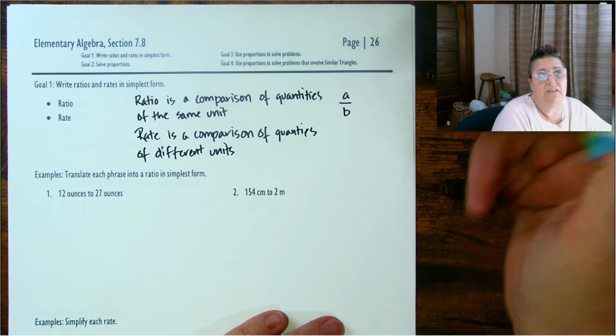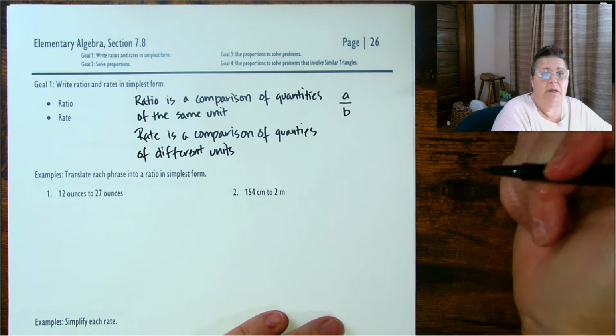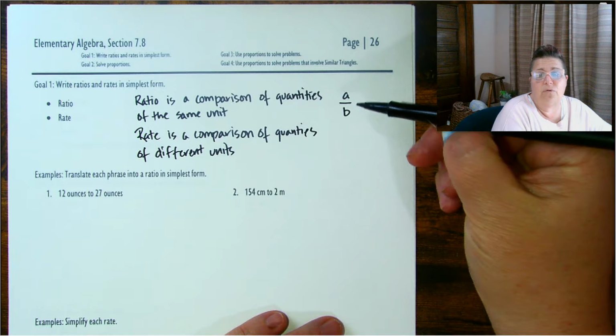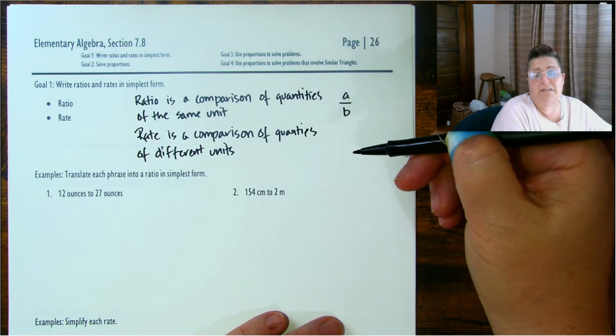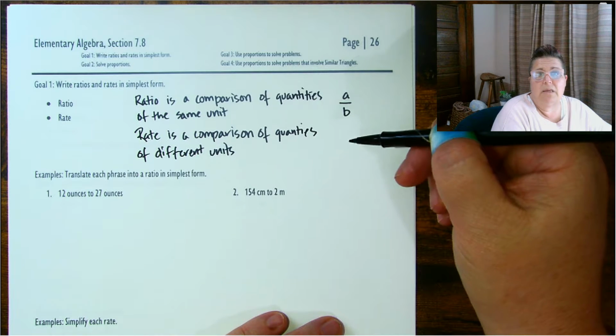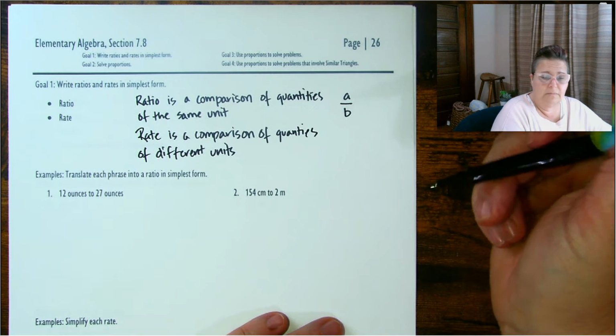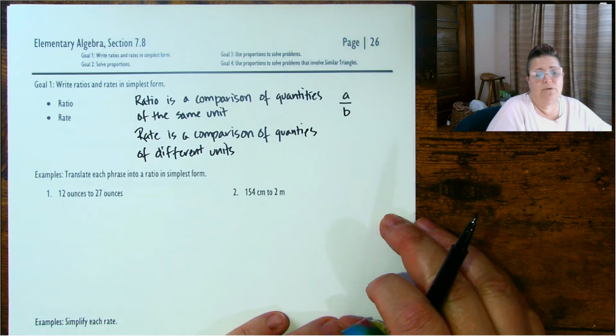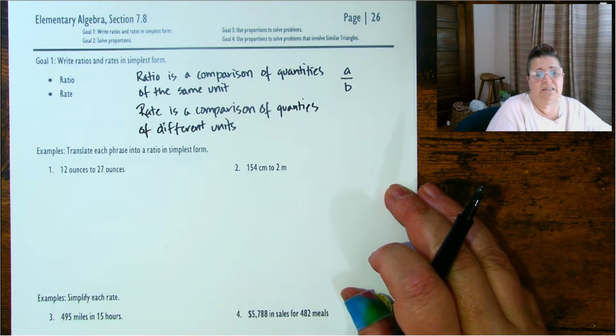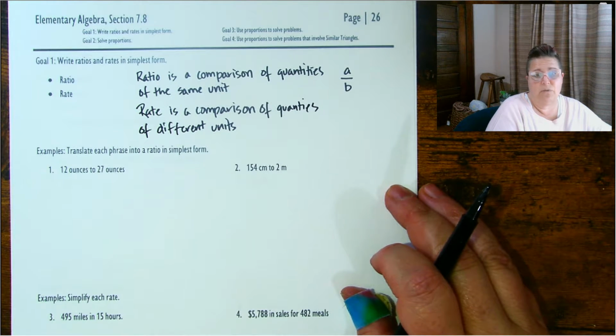So rates have a little bit more leeway, but they are generally also of the form a over b, although sometimes they will be what's known as a unit rate, where b is a value of 1.